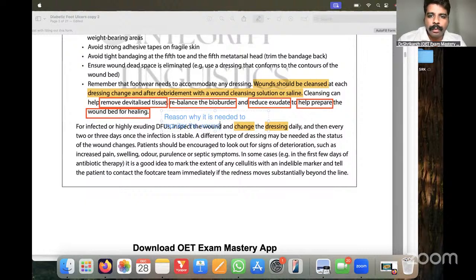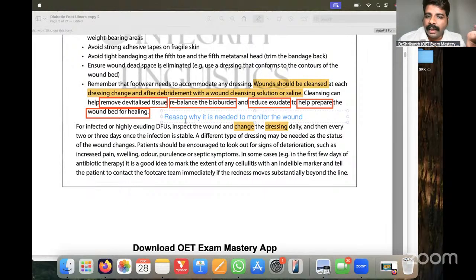We have to closely monitor the wound and keep it very clean so that we can remove the devitalized tissue, rebalance the bioburden, reduce exudate, and help prepare the wound bed for healing. This is a slightly challenging question, but this is where the answer is located.